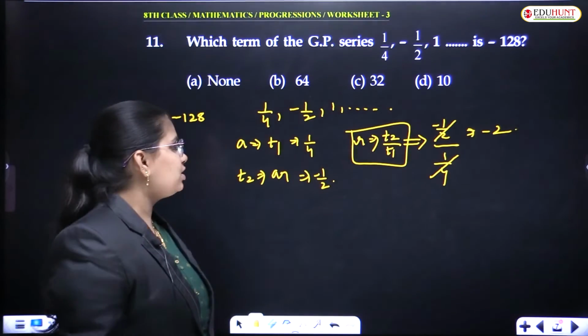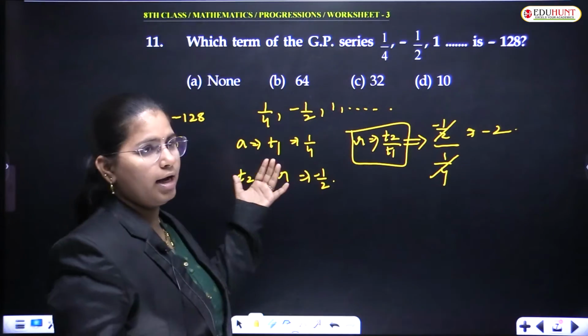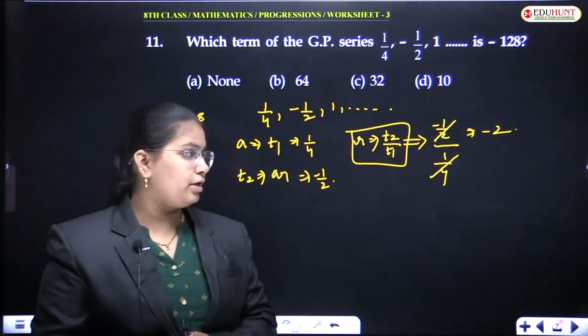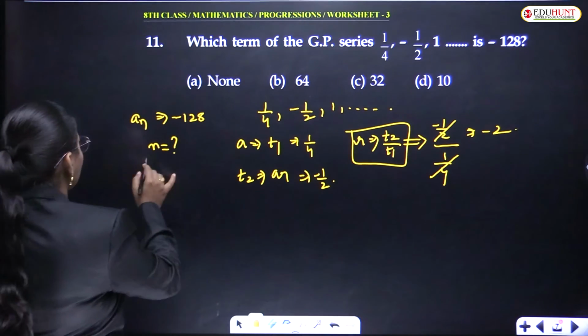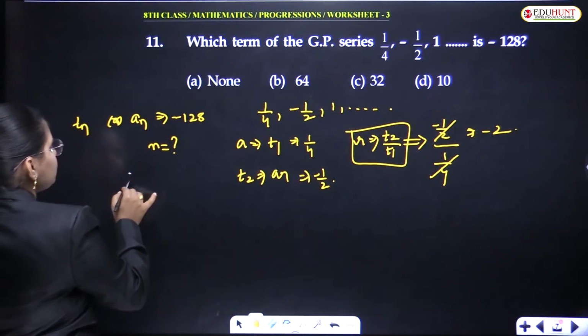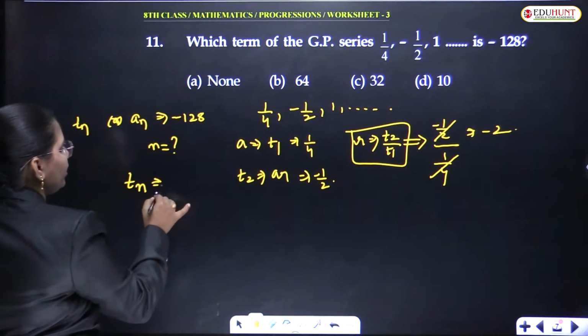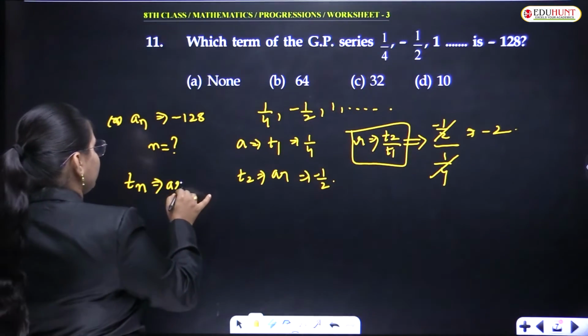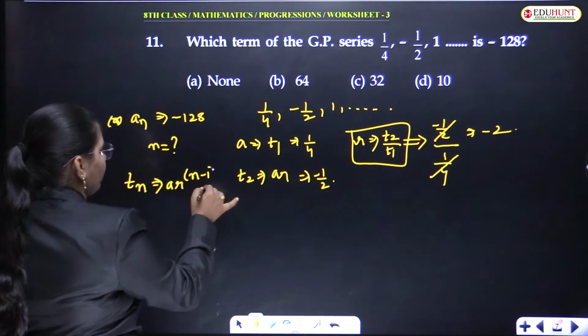Correct. So now that we have the common ratio, how will you do the next part of the problem? Here they are asking for Tn or An, at what place n it is taking minus 128. So you need to find Tn. What is the nth term formula in a GP? A R to the power of n minus 1.